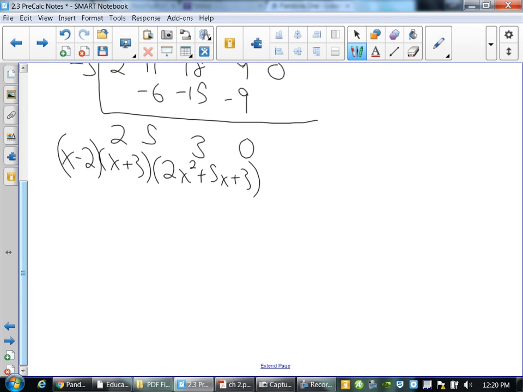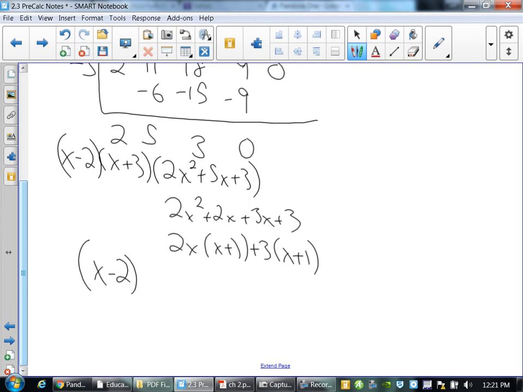So you could factor this further and go 2x squared plus 2x plus 3x plus 3. So your final answer, the whole thing being factored out, would be x minus 2, x plus 3, 2x plus 3, and x plus 1.